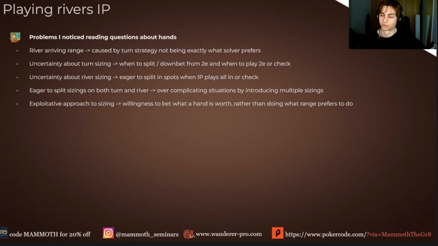But the flush completers are just turns that are very dynamic. On very dynamic turns, you also want to be downbetting from 2e. If there are a lot of draws possible, if there's a straight there that both of you have, but you have interest in still betting top pairs, then you're going to be betting smaller than Geo sometimes.